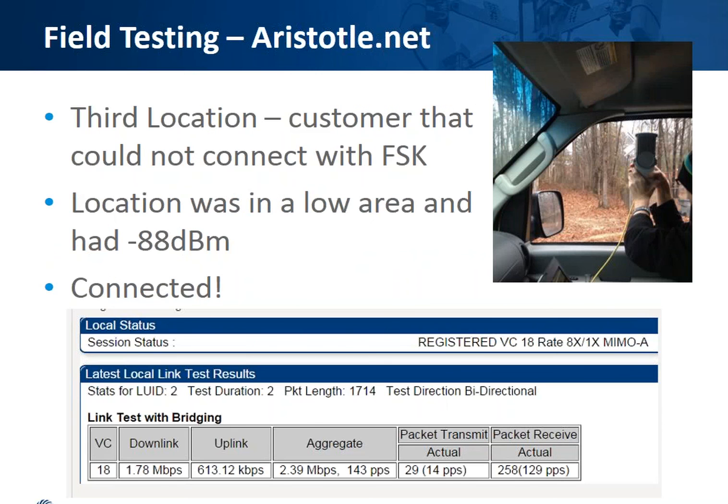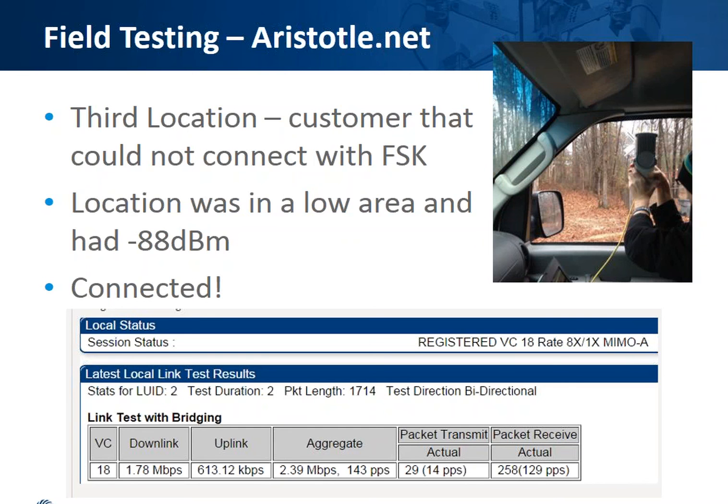Then we went to a third location that was down in a hole. We actually tested the 365, 450 stuff also in this area. And with 900 at this location, we didn't get a single bit of a connection at all. Couldn't see our AP, couldn't see anything. Tried the 365, of course, that didn't work out. So we brought the 450i 900 here.